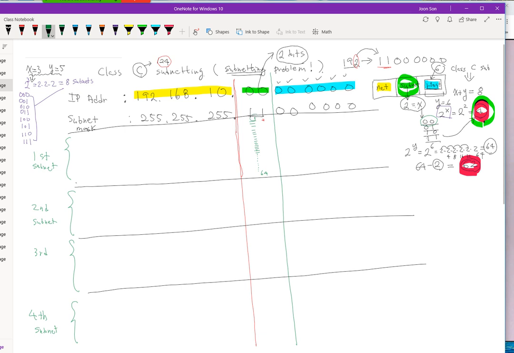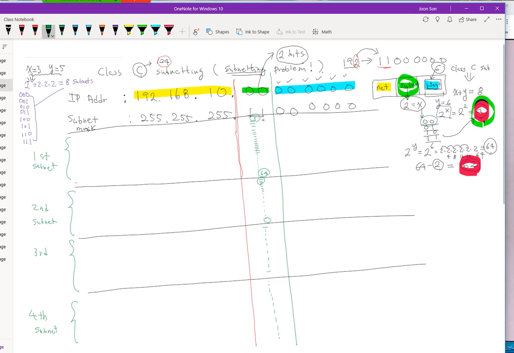But the first one is a network address, and the last one is broadcast address. The same thing for the second: 1, 2, 3, 4, all the way to 64. The first is network address, and the last is broadcast address, right? Same thing.